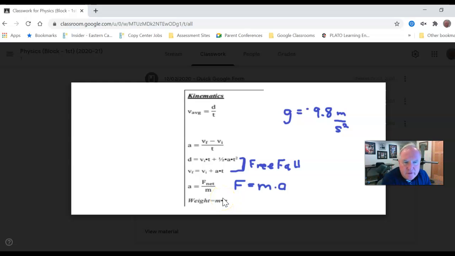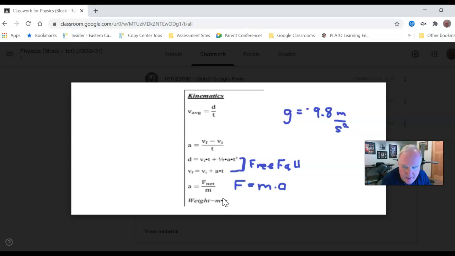Okay, so let's take a break here from the equations and let's talk about weight, mass, and inertia. Okay, so these are important concepts for the test. Weight is the force of gravity. So weight is a force, and weight has a unit of newtons.